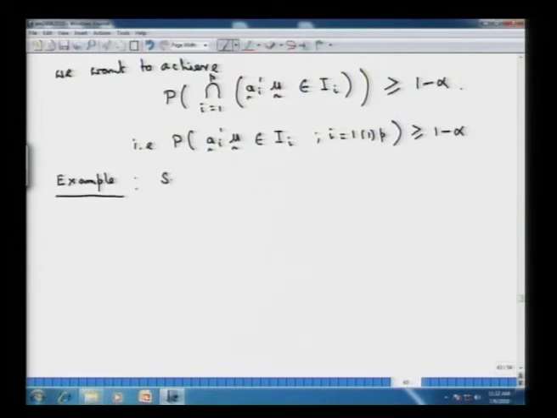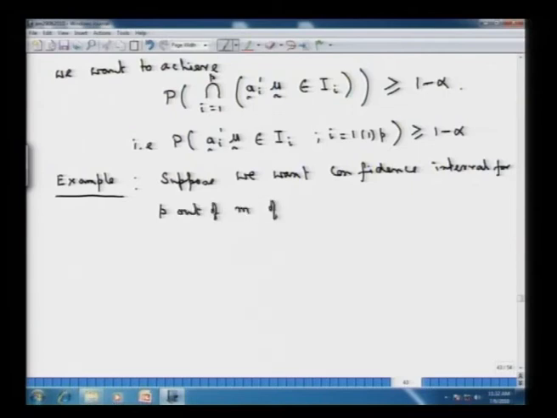Now, say suppose we want confidence intervals for some p out of m of the mu i components. Without loss of generality, we take that we are interested in the first p of those components. So, we will have this as i equal to 1, 2 up to p.